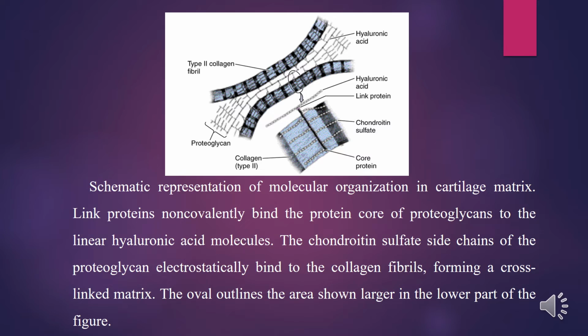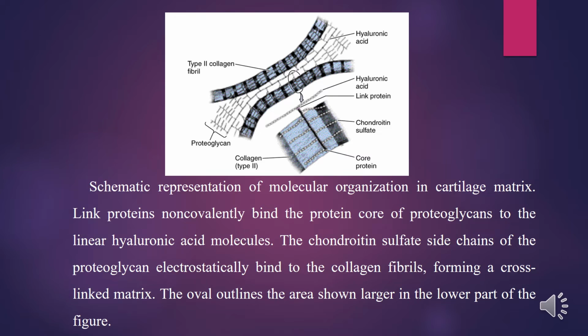This is a good picture showing the position of large molecules in cartilage. Chondroitin sulfate forms chains, and with proteoglycans and glycoproteins forms a special cross-linked matrix, which is very important for the jelly-like consistency of cartilage.